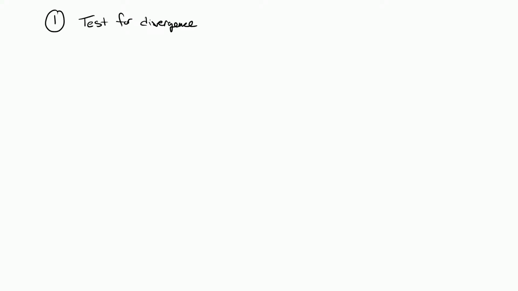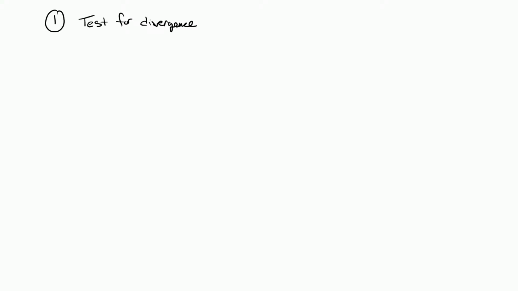I always put that at the very top because that's so easy to do. It's way easier to use the test for divergence than to use some other test. And the reason is, all you have to ask yourself is, does the limit go to 0?